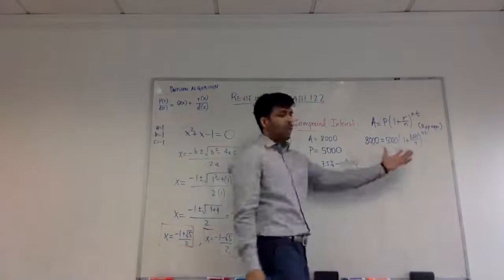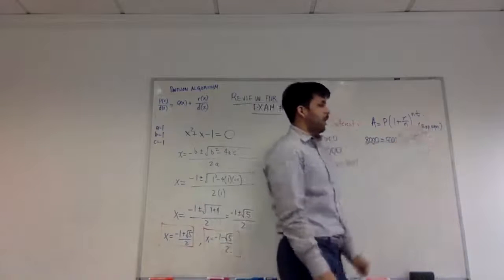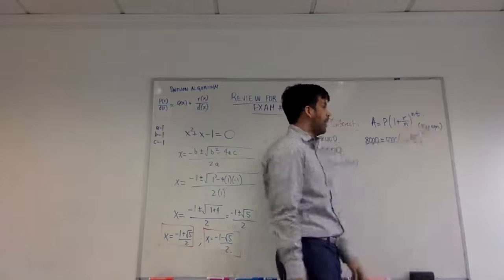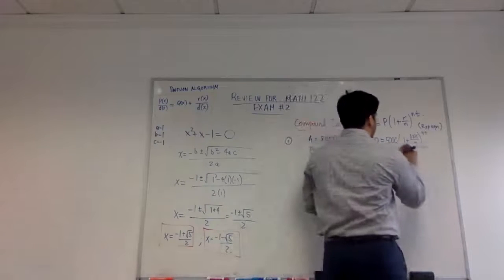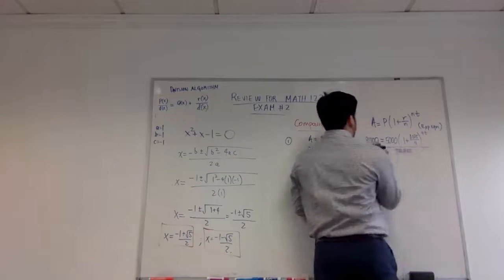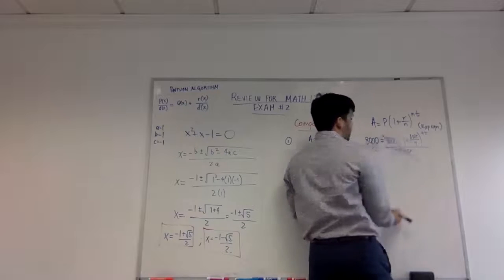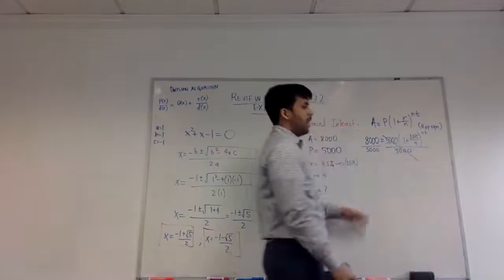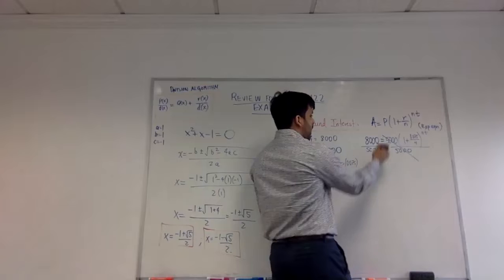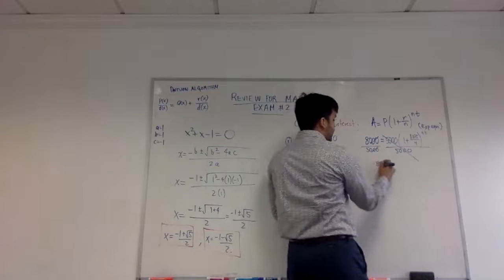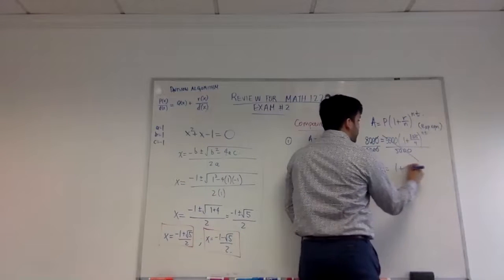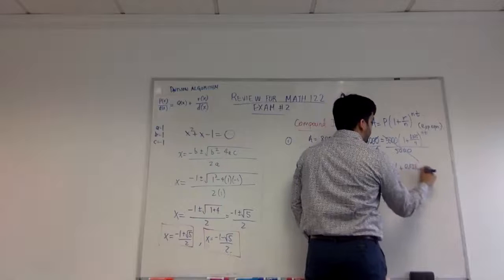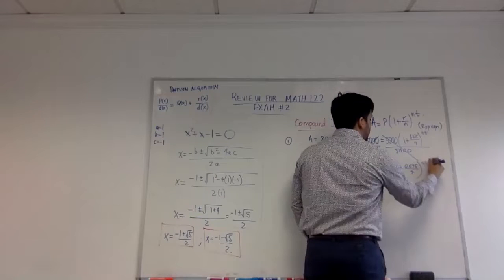So what I have to do first is isolate the expression with the variable. The first thing I do is divide by 5,000. Now when I divide, the 5,000 cancels on the right side, and these 3 zeros cancel here, and I get 8/5 equals (1 plus 0.075 over 4) to the 4t.